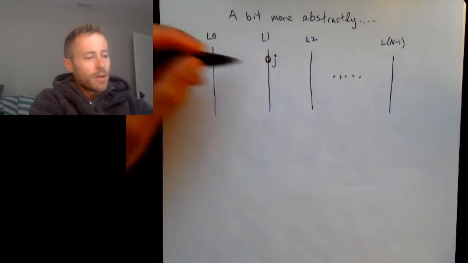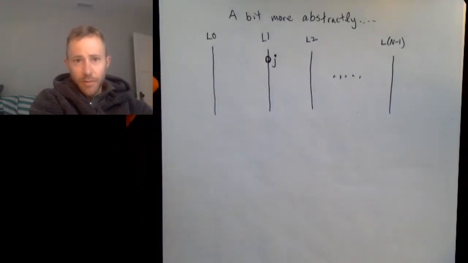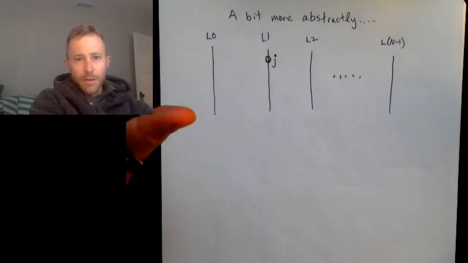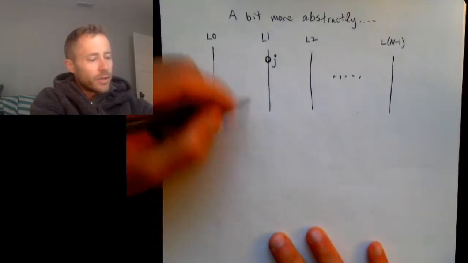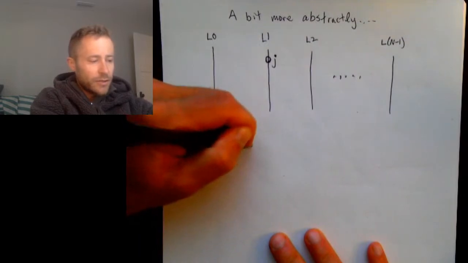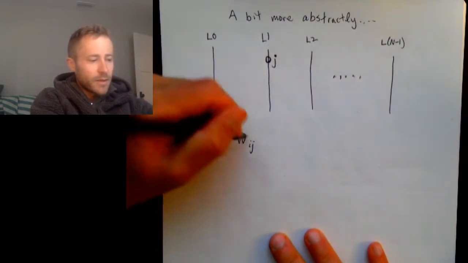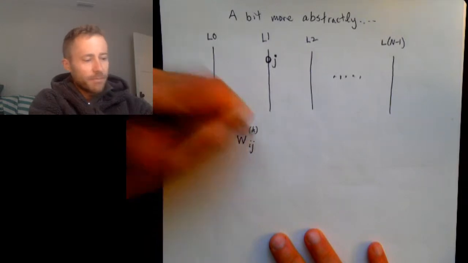Then I'm going to introduce some notation for the link weights. The notation is W, IJ, and then parentheses K. All right.